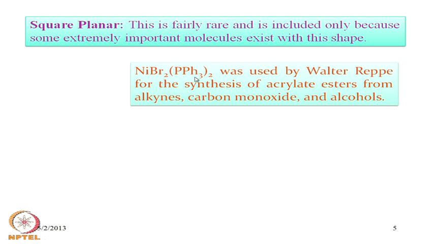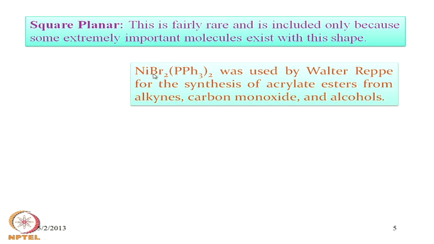And this particular compound, that means a compound with a coordination number of 4, NiBr2 phosphine 2, is used as a good catalyst, and this particular nickel is in +2 oxidation state. But what should be the corresponding geometry of this compound when we attach simple phosphine ligands to the nickel bromide salt?